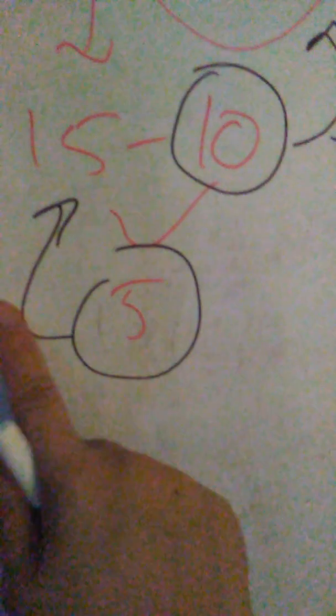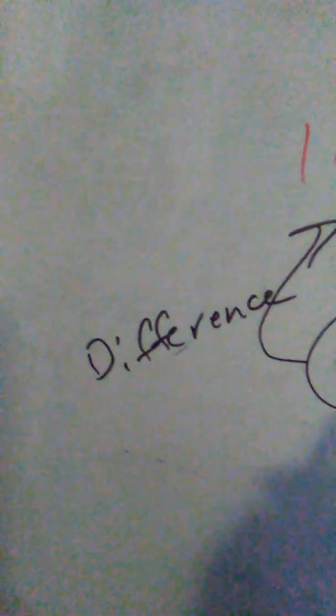And then 5 is the difference of 15 and 10. We are taking 10 from 15 to get 5.